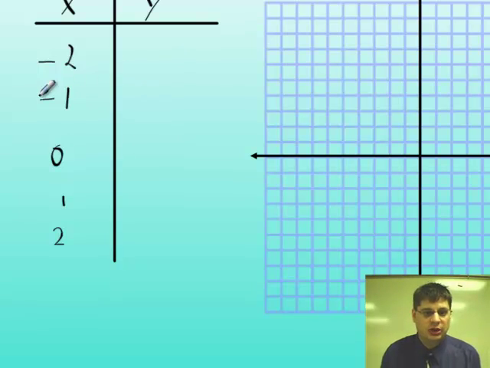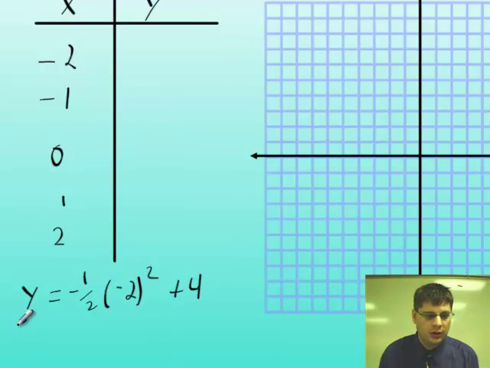Let's say we'll start with negative 2. So I want to find what is y when we have negative 1/2 times negative 2 squared plus 4. So y is equal to negative 1/2 times 4 plus 4.